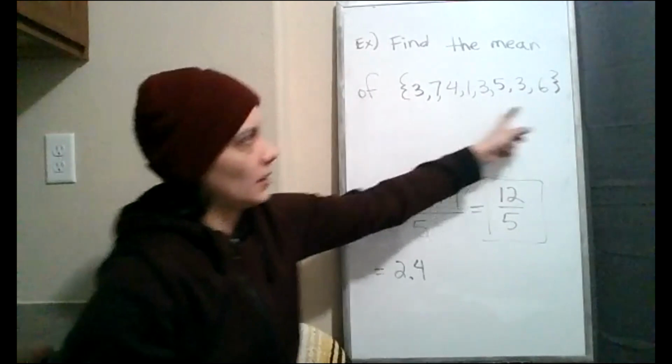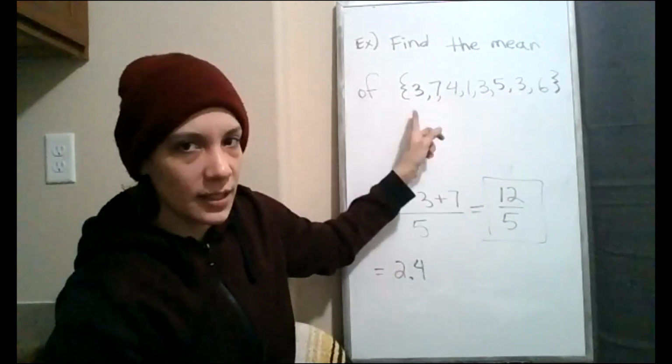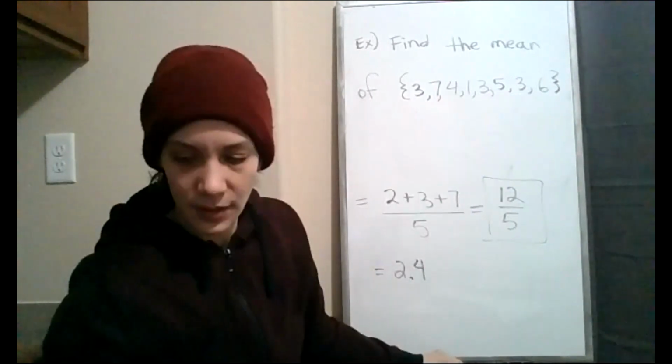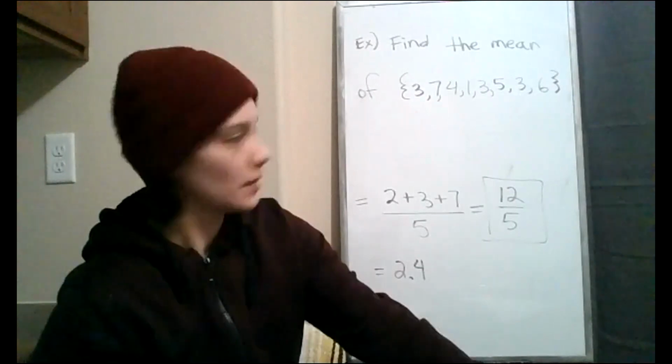We add all x values and then count how many there are, divide by that number.